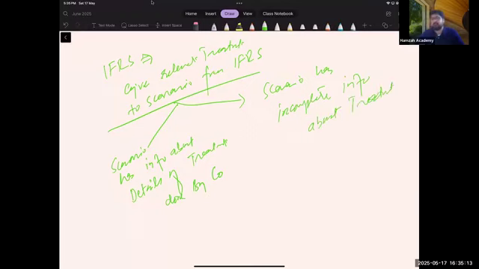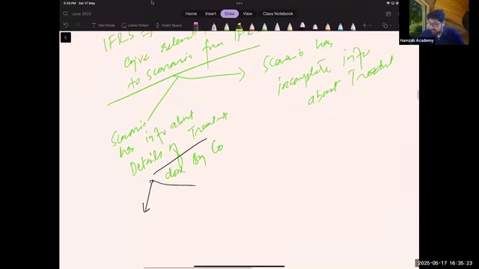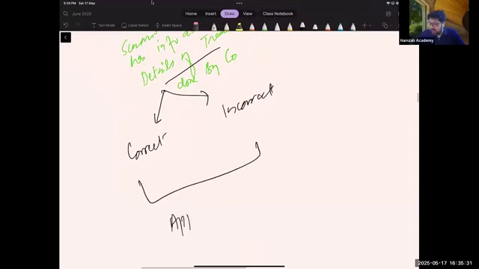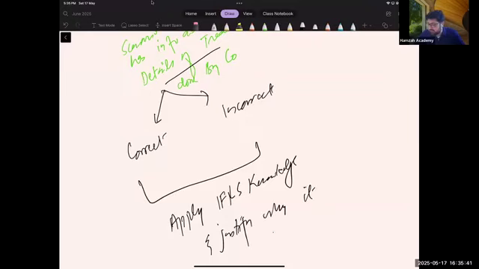Both types are there in the exam. Now, if the scenario is giving the treatment, then two possibilities are there: it is correct or incorrect. In both cases, apply your IFRS knowledge, apply it to the situation and justify why it is correct or incorrect.